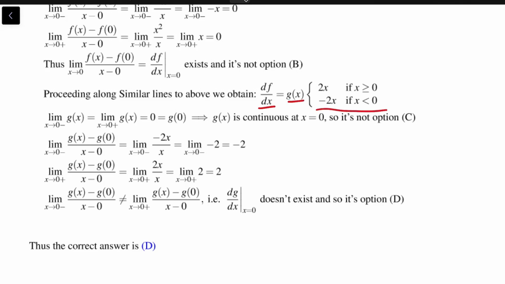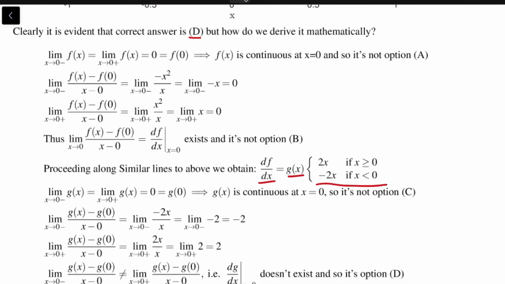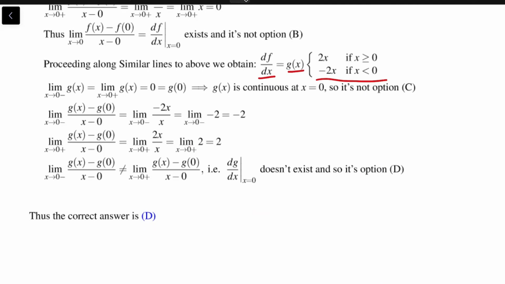This will have the following definition, just by taking the derivative of the original function for both these regions, and you will see that limit x tends to 0 minus g of x is equal to limit x tends to 0 plus g of x. It's evident from the definition itself. You have to just substitute minus 2x here and 2x here and take the limit to 0. You'll find that this is equal to the 0 value. So the function is continuous, and so it's not option C.